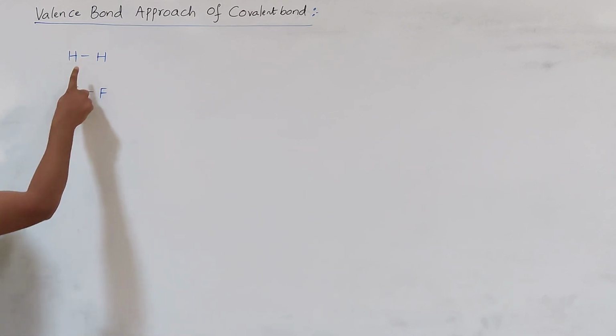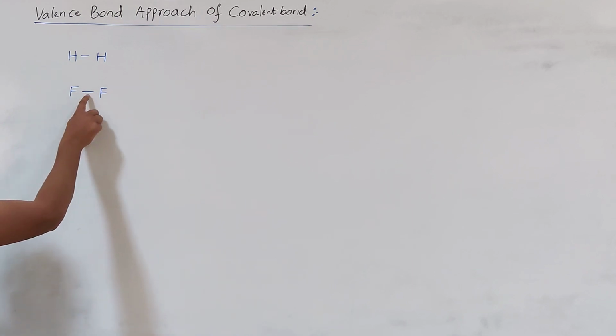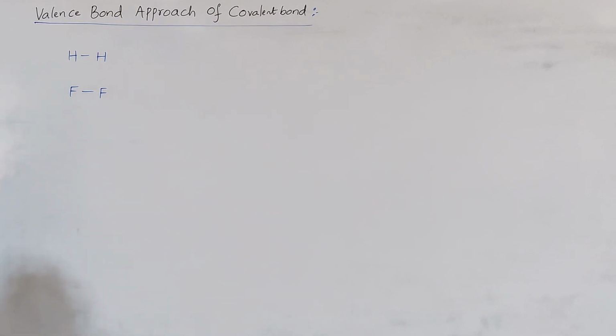Here one electron pair, here also one electron pair. Towards this shared pair of electrons, each hydrogen atom contributes one electron. Here, each fluorine atom contributes only one electron. So in both cases, the scenario of the formation of a covalent bond should be the same. But when we see the bond length and bond dissociation enthalpy, they are quite different.